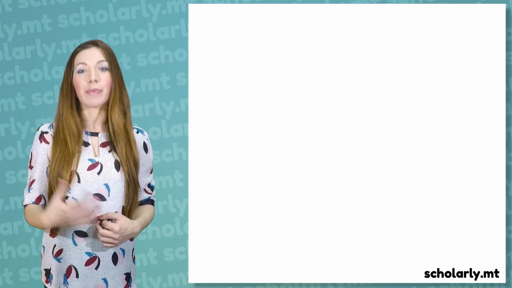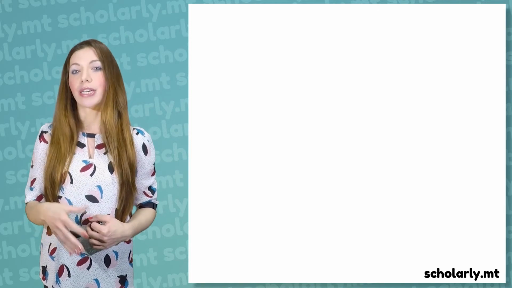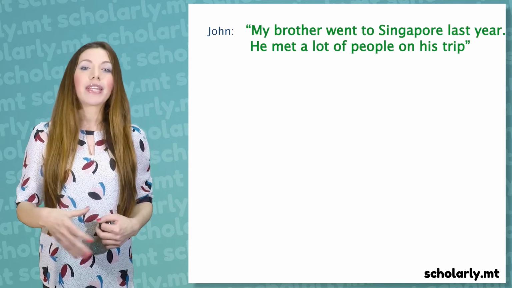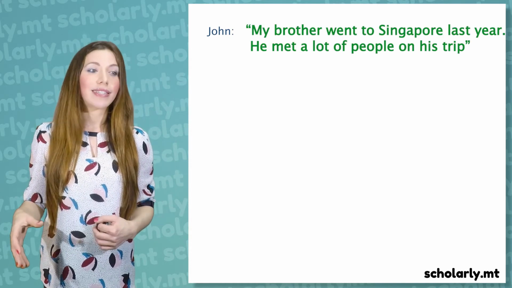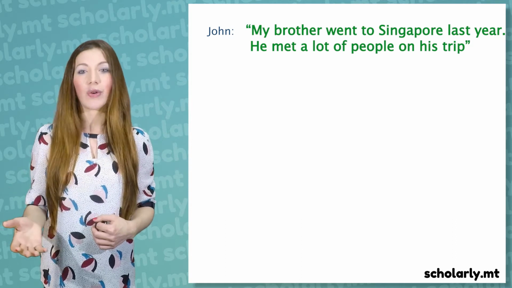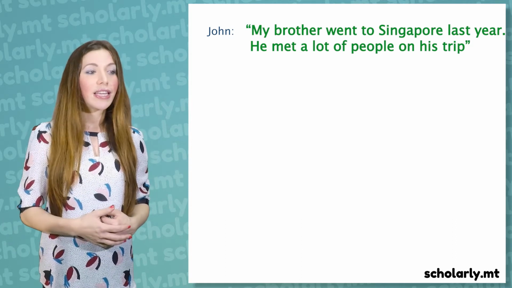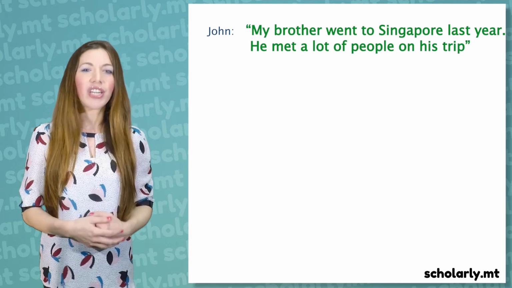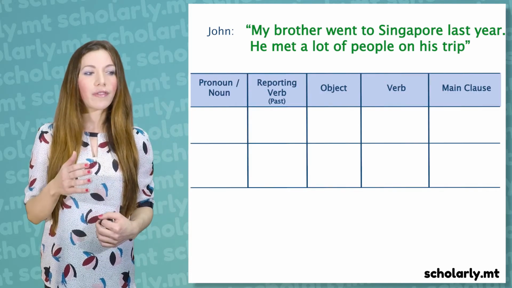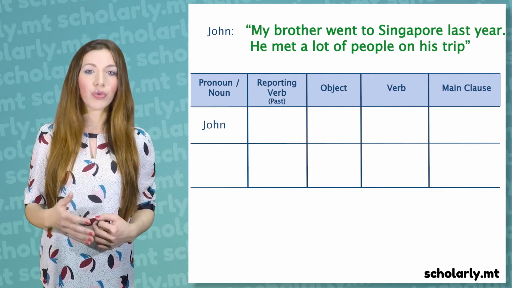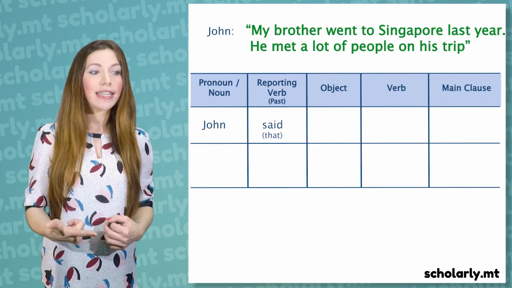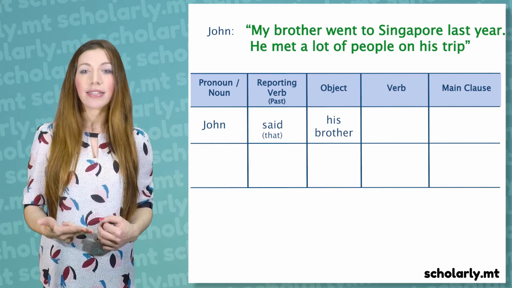Let's look at some other things that John told Gilbert during lunch break. So John said, my brother went to Singapore last year. He met a lot of people on his trip. So how would we change this to reported speech? We have the noun, John, the reporting verb, said, the object, his brother.